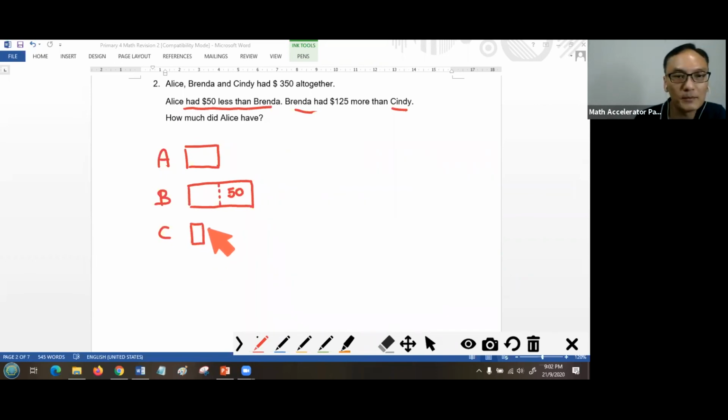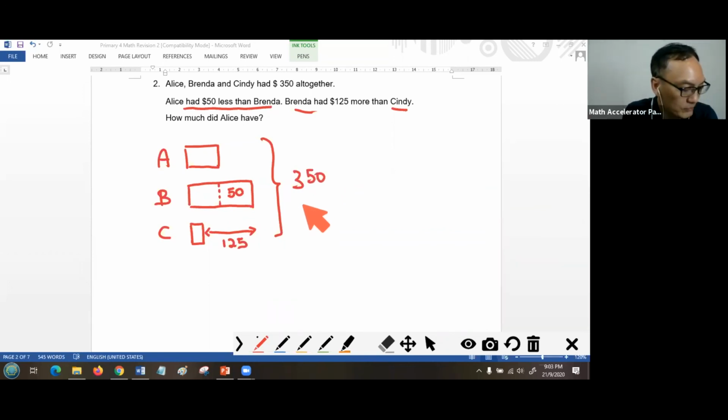And the difference between them is 125. And now we add in the total at the beginning, which is 350. Right, 350. So how do we solve this question?